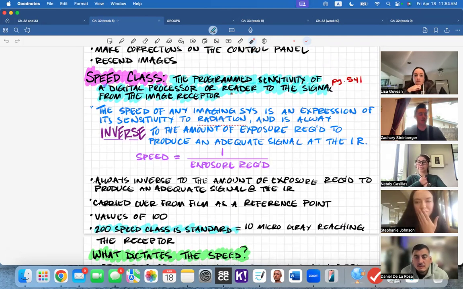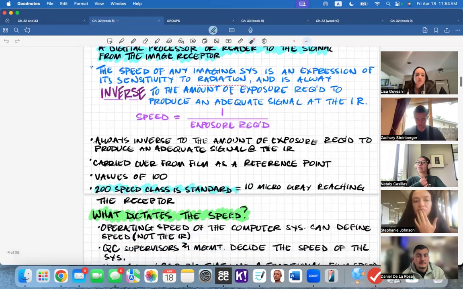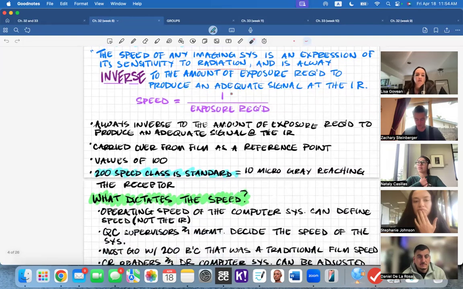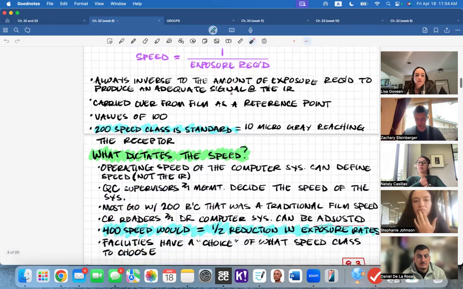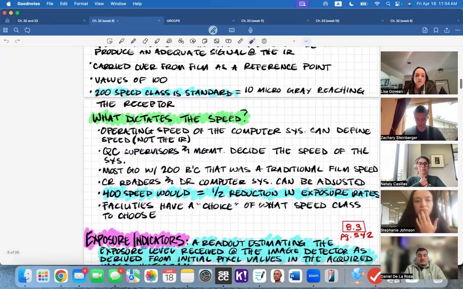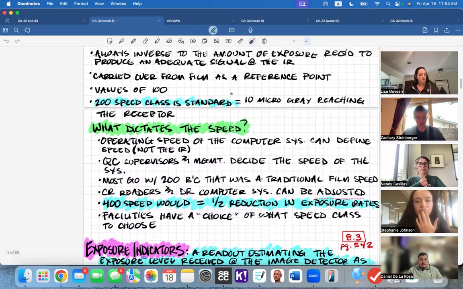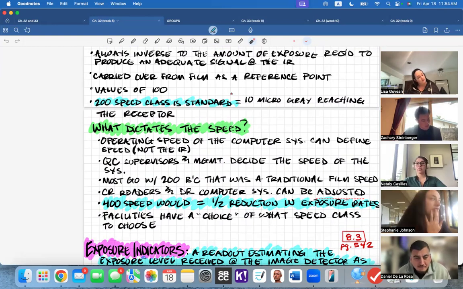I think it's important to know how it's determined in the department, who controls that, and then basically what it does. I don't really see a whole lot other than the average plate exposure of 200 speed is 10 microgray air, and for 400, the plate exposure is 5 microgray air, which shows a half reduction in the exposure rates.